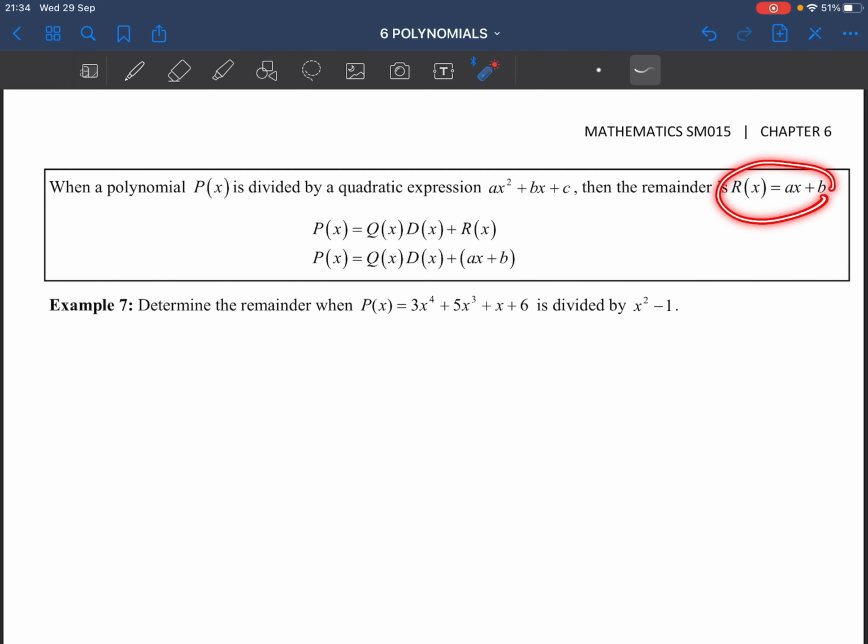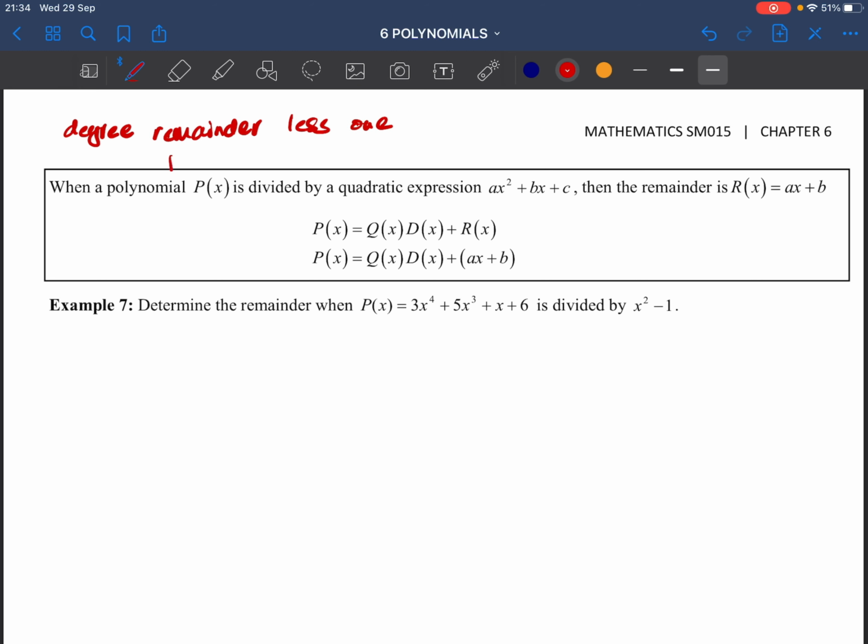So maintain R(x) is equal to ax plus b. Okay, let's remind again, the degree of the remainder is 1 less than the divisor.